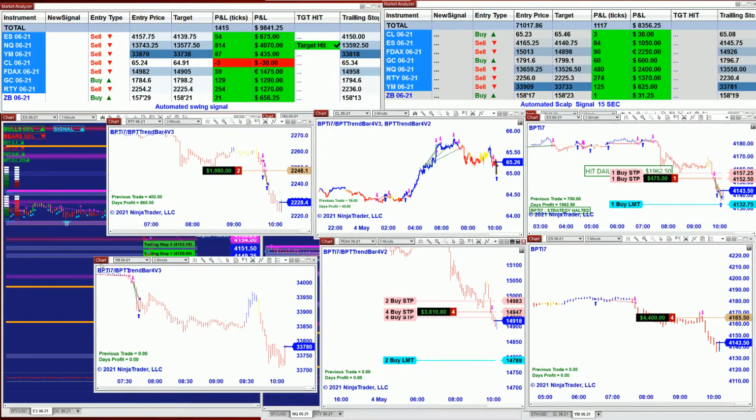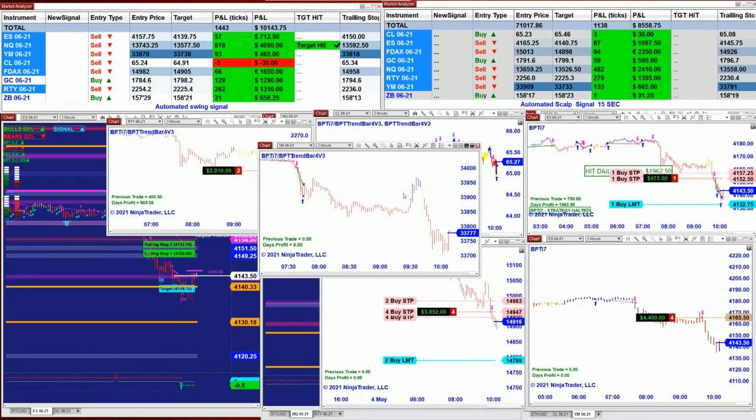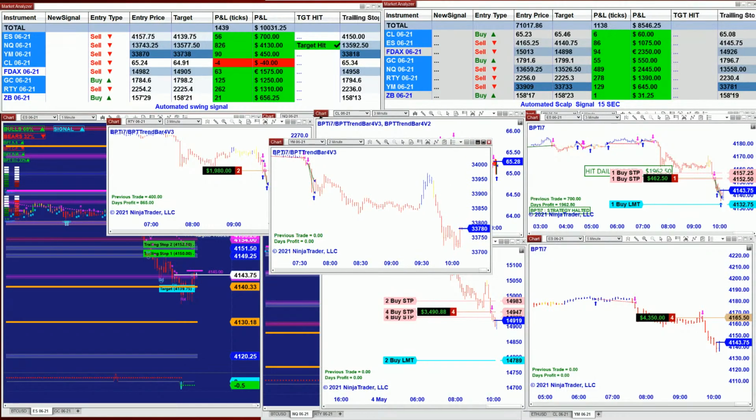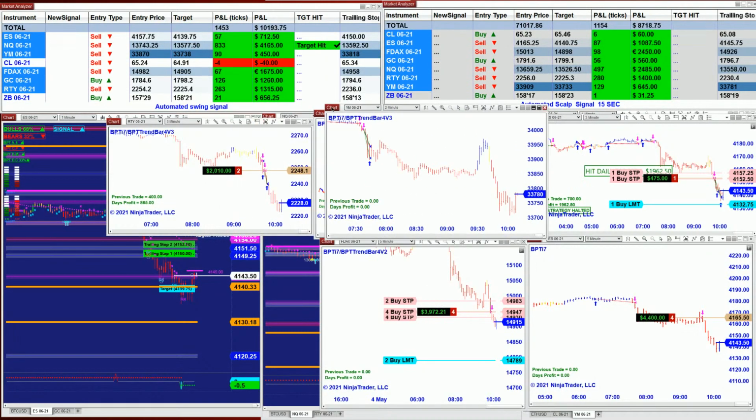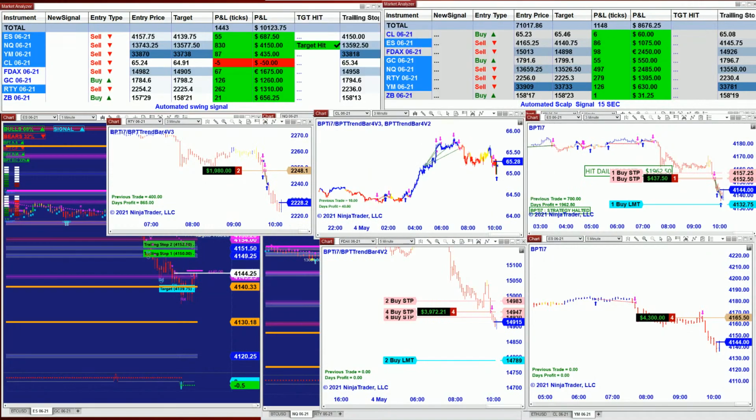And now you see the target disappeared, because we have done so much advancement in it. So now we are going to go with one more round on the YM. The DAX is about to close, I think.